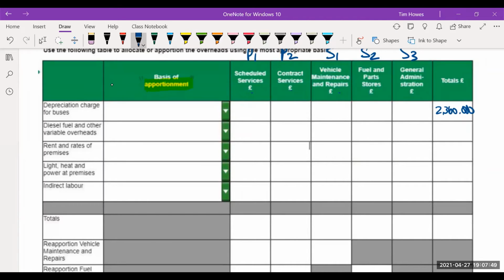So on what basis would you suggest we apportion the depreciation on the buses? Carrying amounts, great, carrying amount. So basically, you would click your drop-down menu and it would say carrying value of buses or something like that. Anyway, I can't quite squeeze it all in.